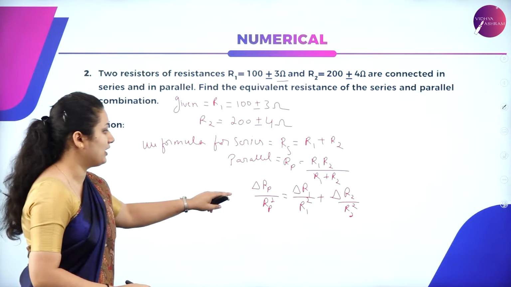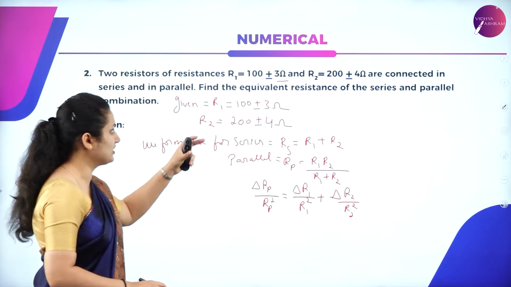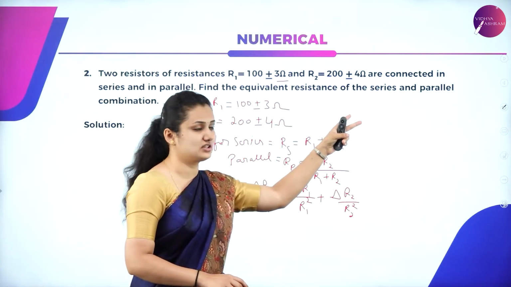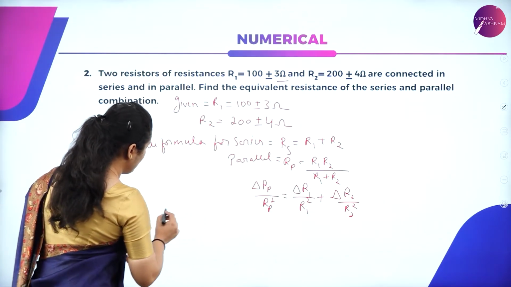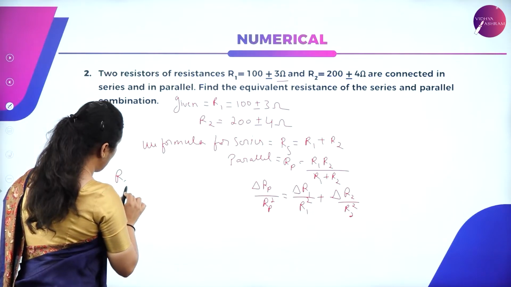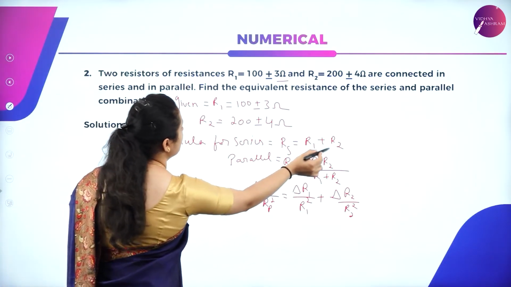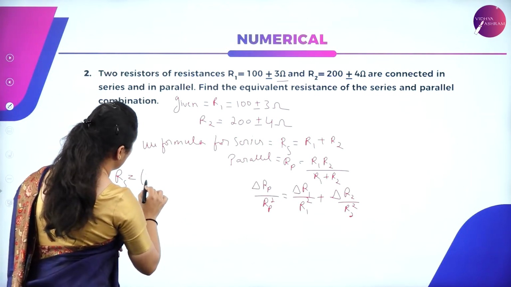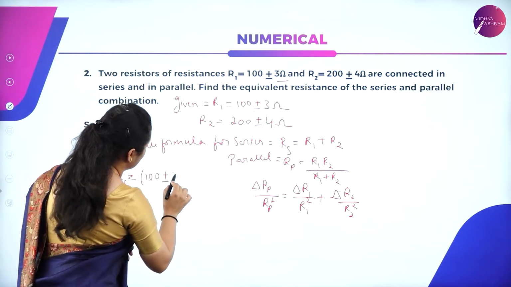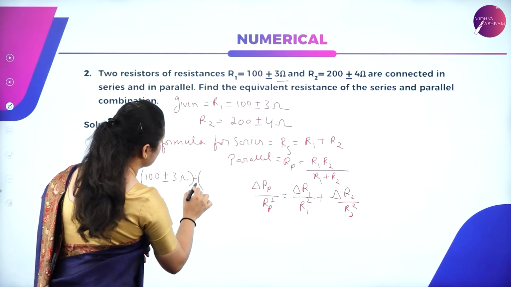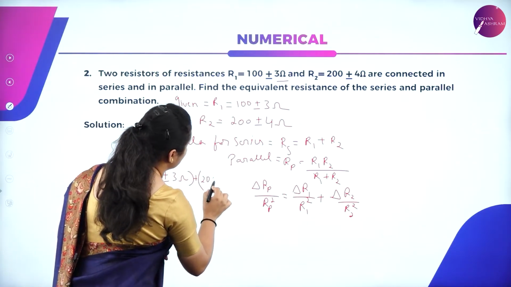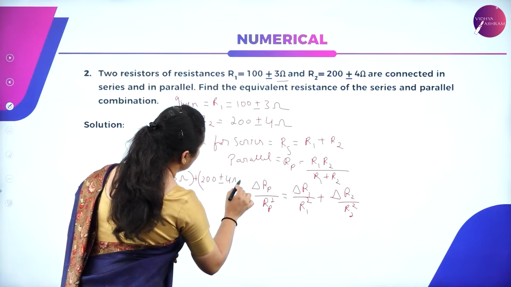So this is to find out with error in the combination, we will find out equivalent resistance for series and parallel. Now use this formula for series. What is it? Rs is equal to R1 plus R2. What is R1 plus R2? 100 plus or minus 3 ohm. R1 plus R2. So it is 200 plus or minus 4 ohm.